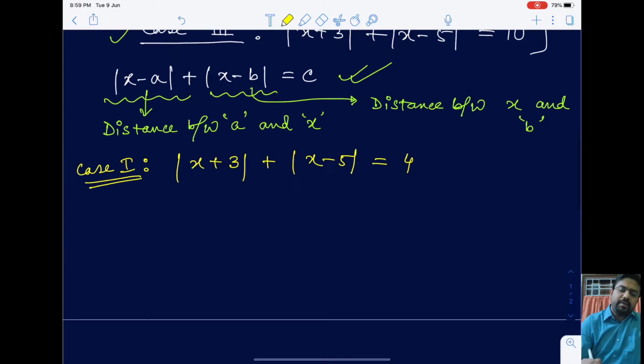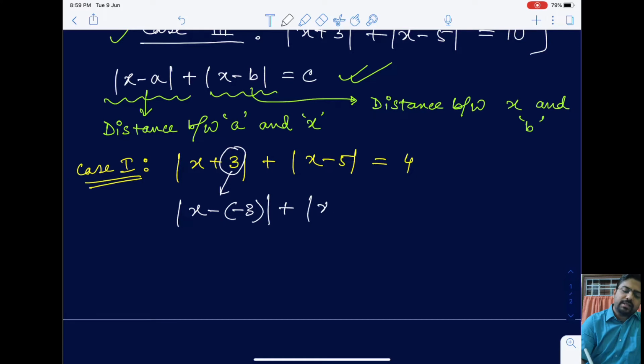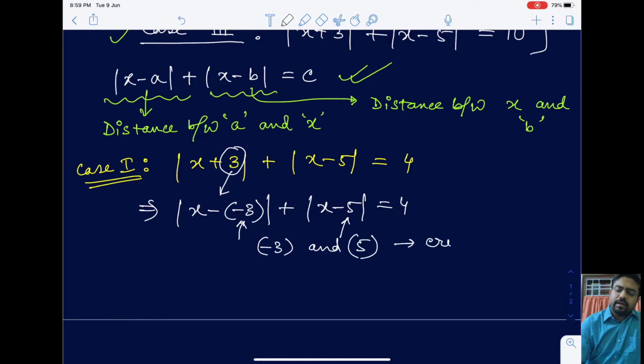We can represent this as mod of x minus of minus 3 plus mod of x minus 5 equal to 4, so the critical points are minus 3 and 5.